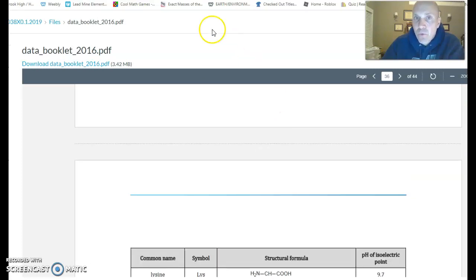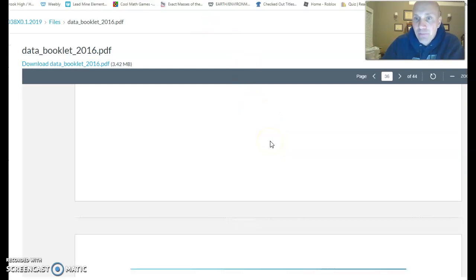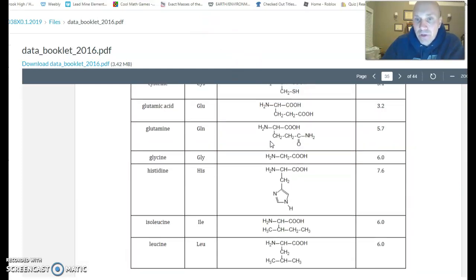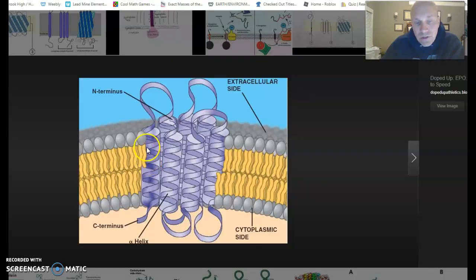So would it make more sense for those areas to be nonpolar, or to have polar side chains, things like glutamine or glutamic acid? Well, since those amino acids are in this part right here, which is right next to a nonpolar environment, all of the amino acids here are going to tend to be nonpolar amino acids, things like alanine, on the outside there.